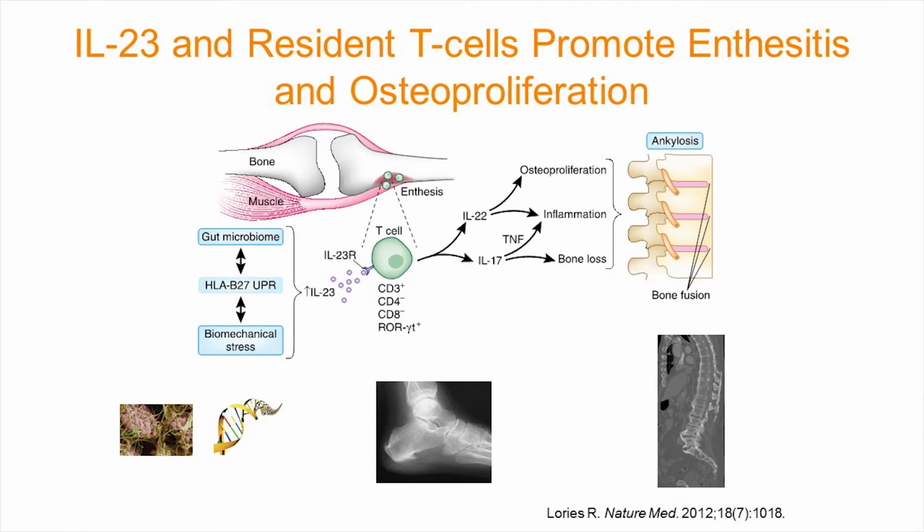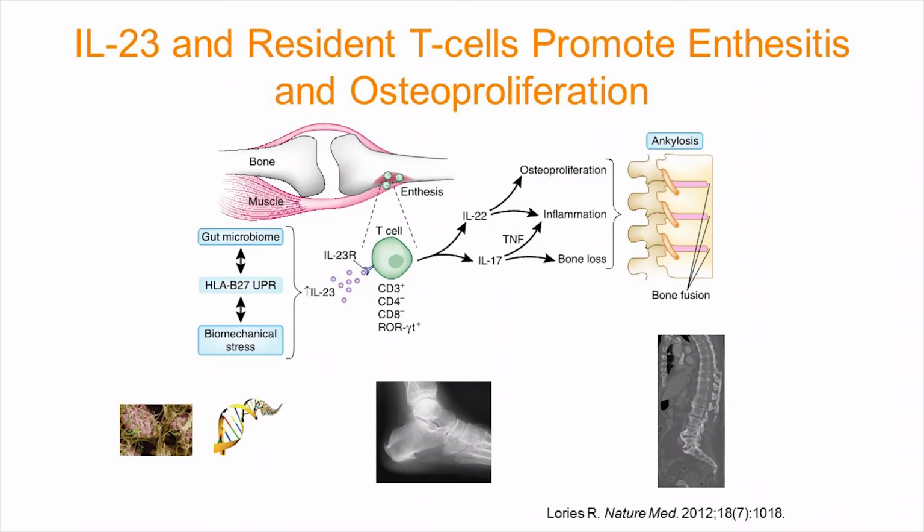So in blue here are some of the theories of what might cause an increase of IL-23, which then would lead to the cascade. So there's a lot of literature on the microbiome, a lot on genetic risks. There are patients that are more prone to have HLA-B27 positivity and an unfolded protein response issue. And then also there is a theory on biomechanical stress.